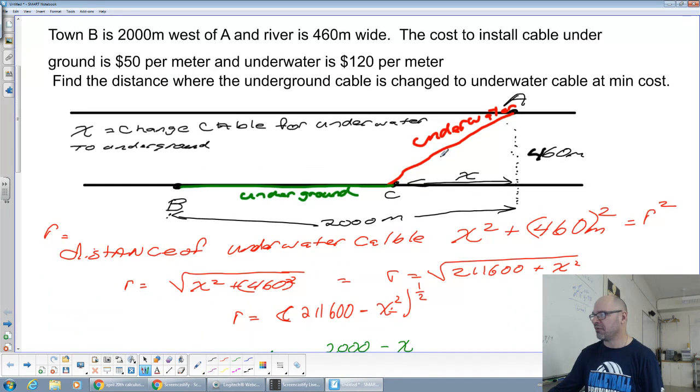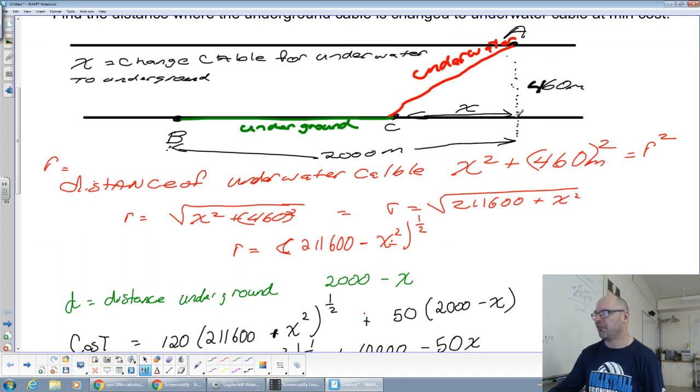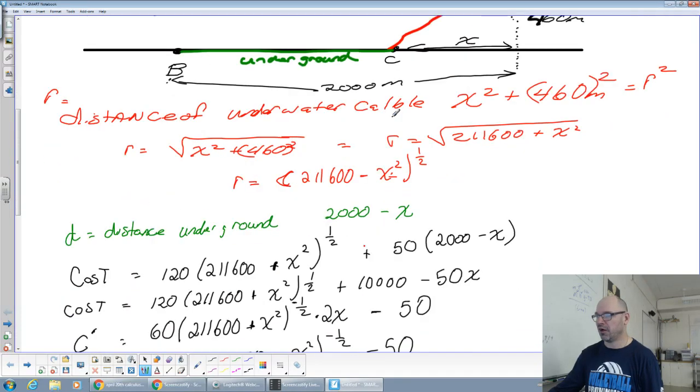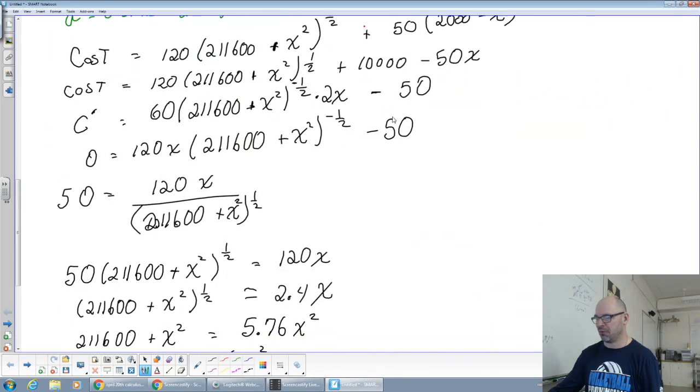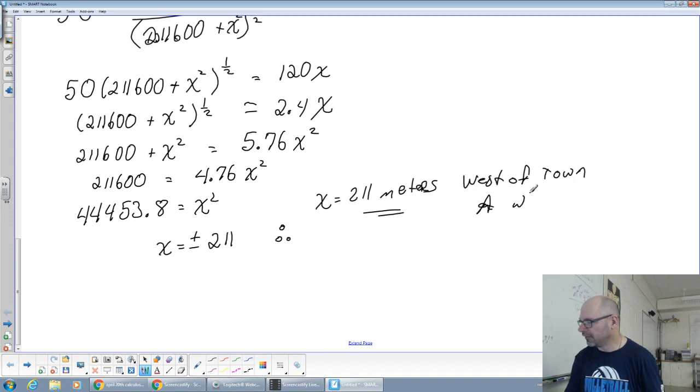So you have to be 211 meters west of the point on the river before you start crossing the river, or before you go to underground cable. So you are west of town A when you hit the bank of the river.